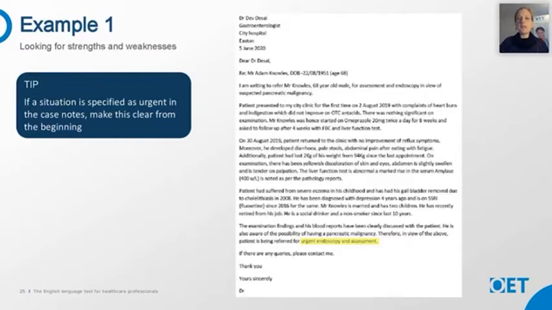As a gastroenterologist, how significant would the results of the FBC and liver function tests be to your understanding of the situation? Do you think they would be critically important, significant, or just quite useful? So have a think, again, putting yourself in the shoes of the reader.